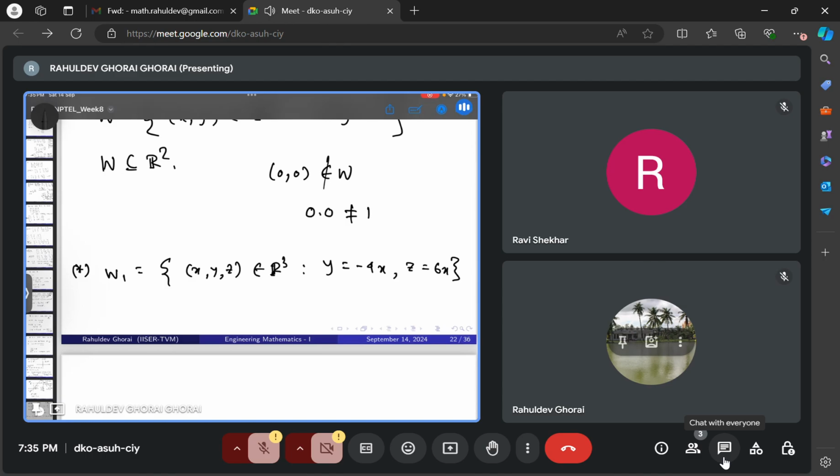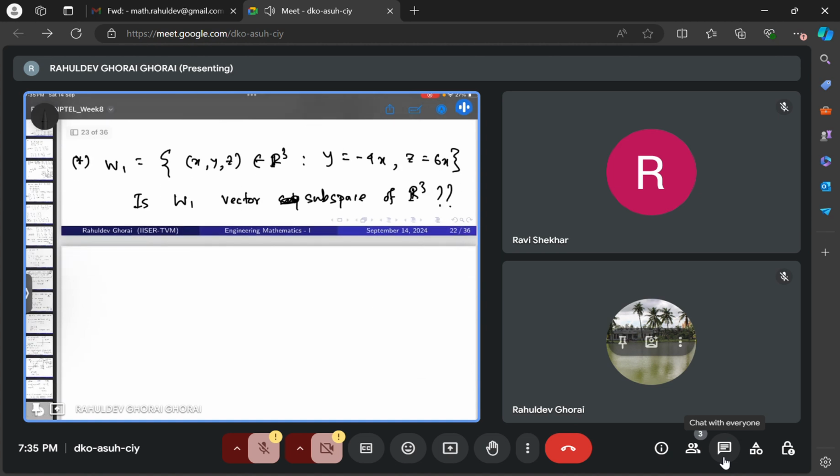Can you tell me whether this is a vector subspace of R3? It's a subset of R3, right? Now tell me whether it is a vector subspace of R3.